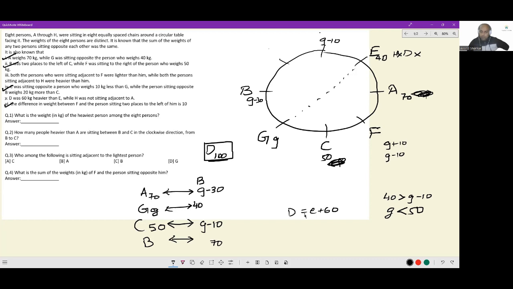G plus 10, I can break it down as G plus 10 is greater than 70 and G minus 10 is greater than 70. This gives me G is greater than 60, or this gives me G is greater than 80.